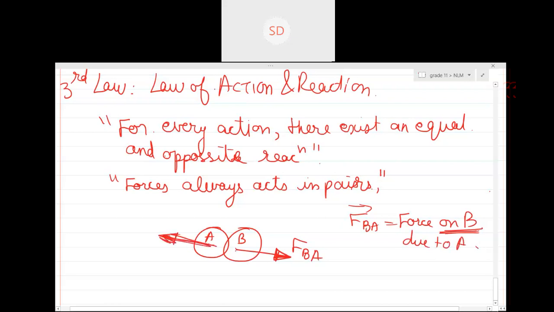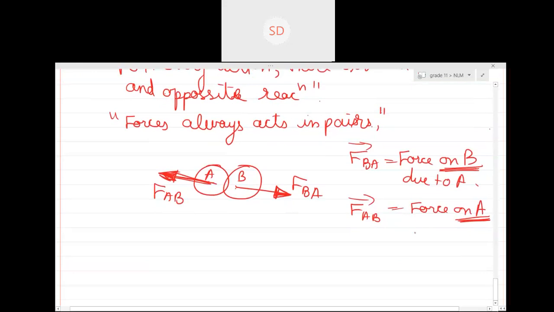This is equal to F_AB. What is F_AB? It is equal to force on A. Can you see? Both are acting on different objects. Yes or no, guys?